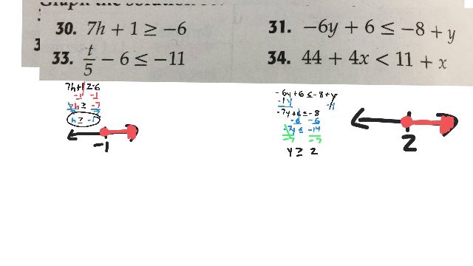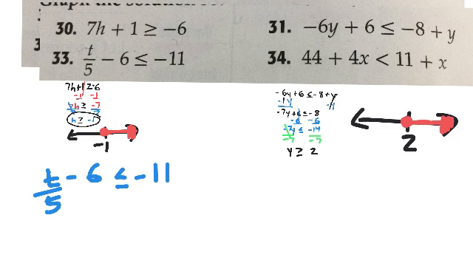Okay, 33. We've got t over 5 minus 6 is less than or equal to negative 11. So what do I want to get rid of first? Get rid of the x.